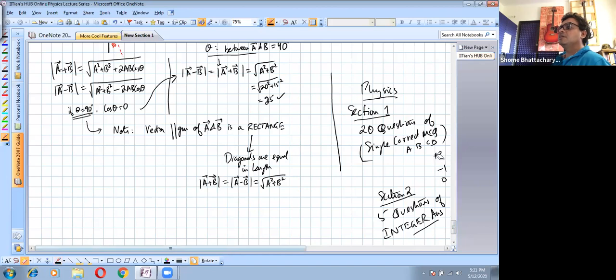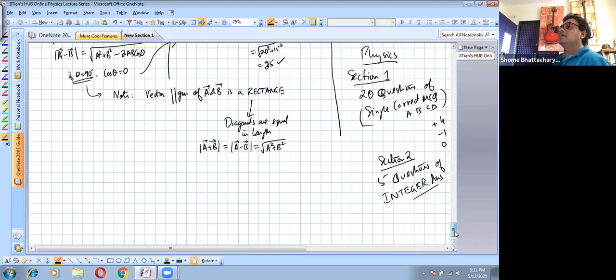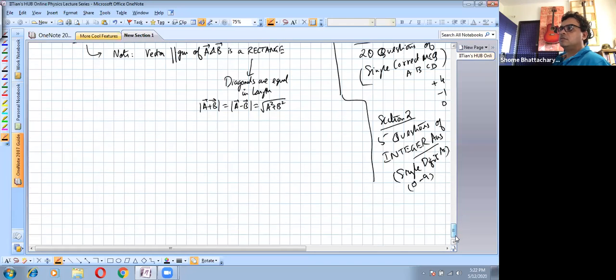It is the standard JEE pattern, +4 -1. And integer answer type questions will have a single digit answer. So you have to mark the option between 0 to 9, a single digit. And this will not have any negative marking. Yeah, I'll take you through an example of integer answer, don't worry.